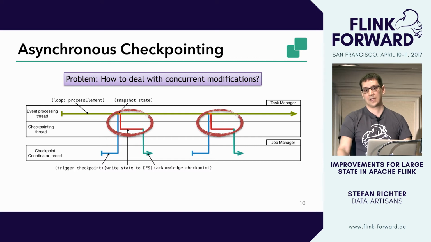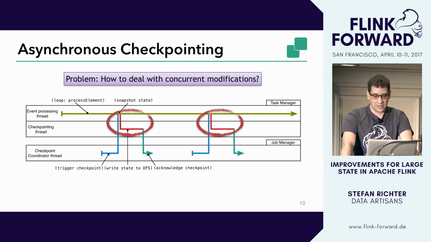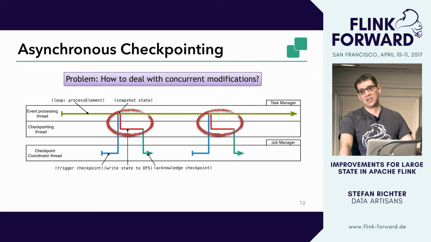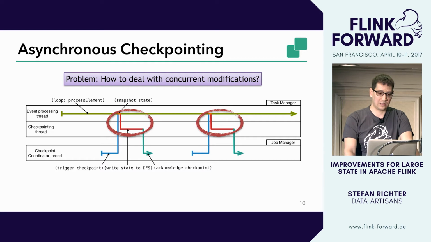That means you need a data structure which has some support for taking snapshots, like multi-version concurrency control and so on. Otherwise, the changes that the stream processor will do in the meantime would reflect into your state, and you would write corrupt or inconsistent state to disk. And this is why we had to introduce asynchronous snapshots also to the heap keyed state backend.